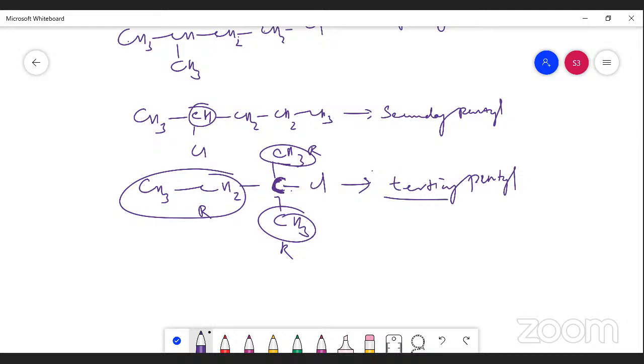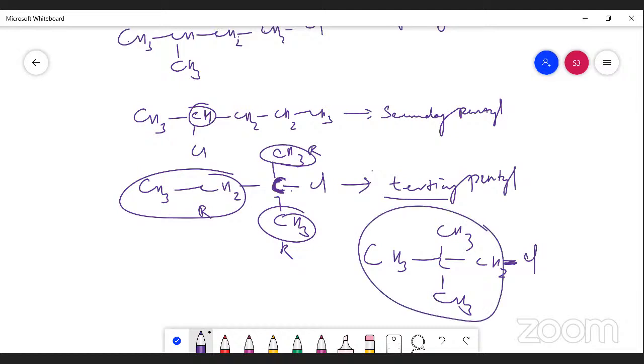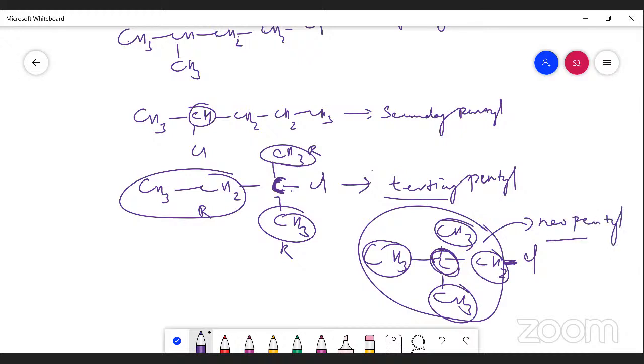You see, this is the structure: CH3, CH3, CH3, CH2Cl. This is the concept you should understand. 4 alkyl groups, 1, 2, 3, 4, present on 1 carbon atom is called neopentyl.